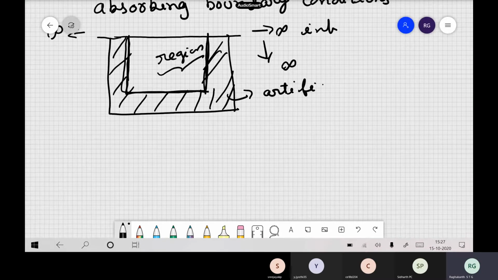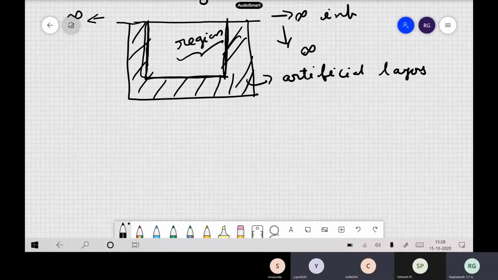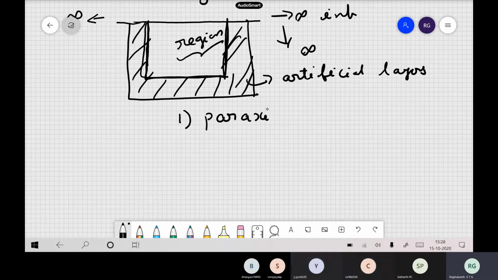Now, how did we do it in the last class? I told you two methods are widely used. What are those methods? The perfectly matched layer, PML, method and the paraxial boundary condition. Paraxial is the oldest, the classical method. The recent one is the perfectly matched layer.